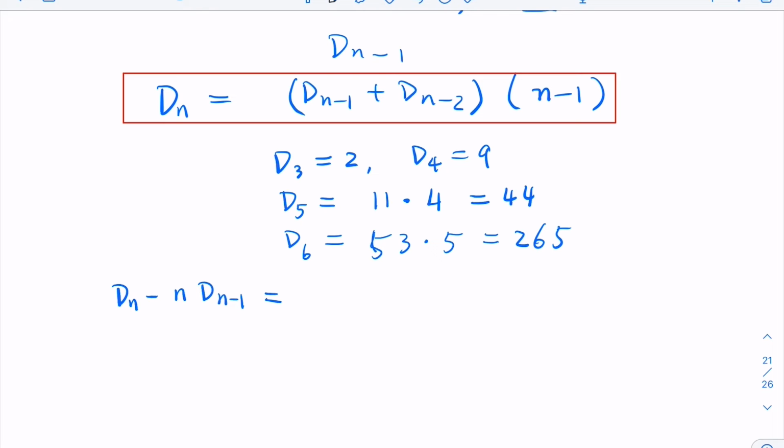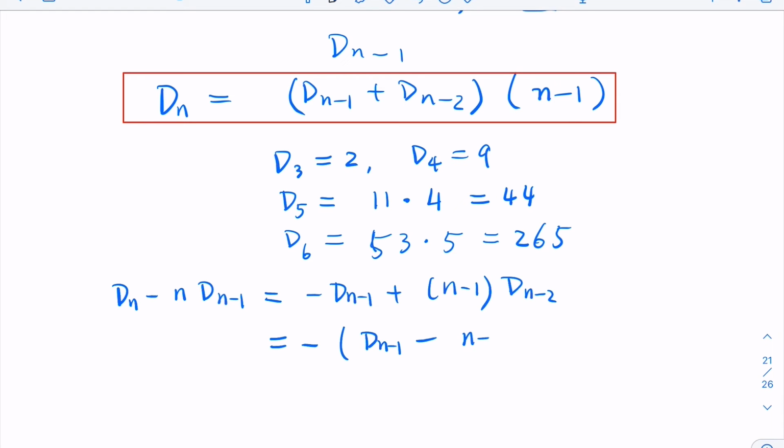On the right hand side, you still have negative 1 d_{n-1}, and you have n minus 1 times d_{n-2}. Alright, so let's rewrite it as negative d_{n-1} minus (n minus 1) d_{n-2}.